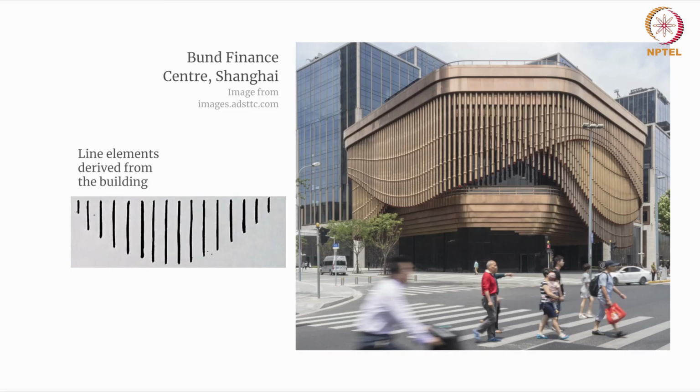If you can isolate lines from those works, it will help you to understand them in a better way. For example, in this building, vertical lines are very prominent, and at the same time, if you look at the setup, it is very fluid, making it very harmonious and pleasing to your eyes.